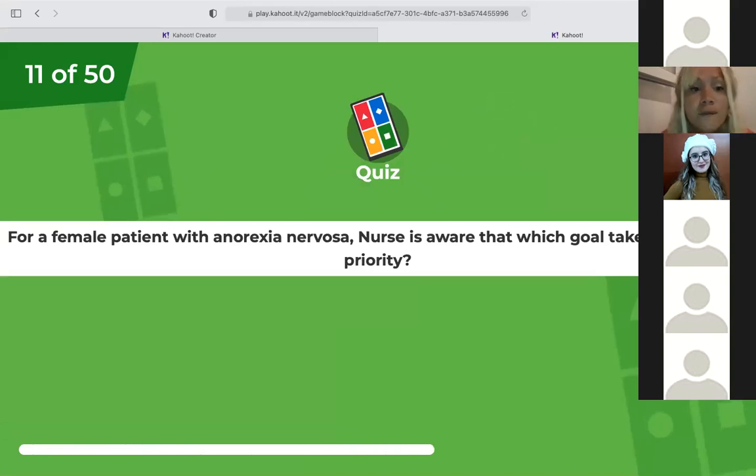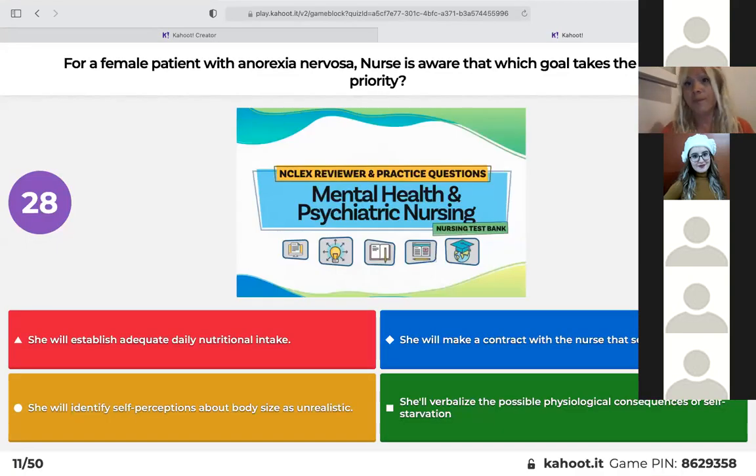For a female patient with anorexia nervosa, the nurse is aware that which goal takes the highest priority?